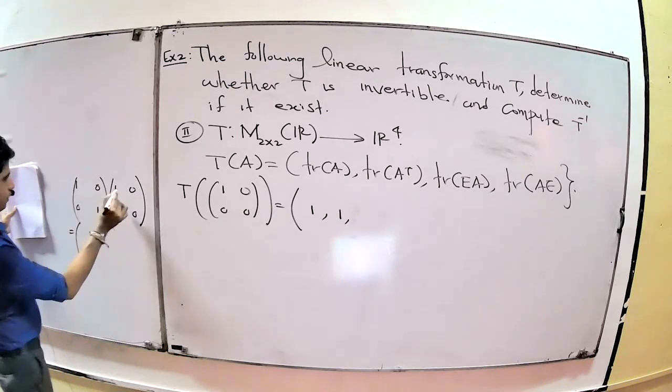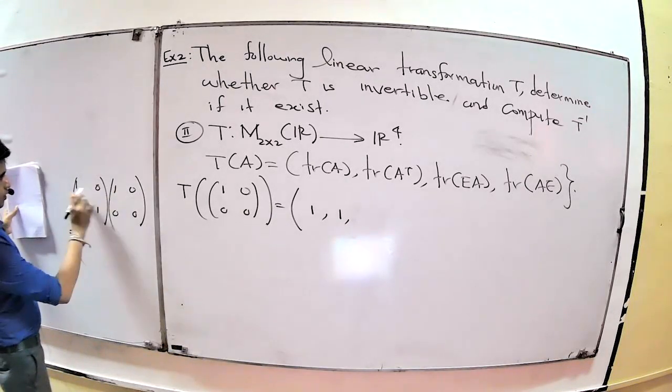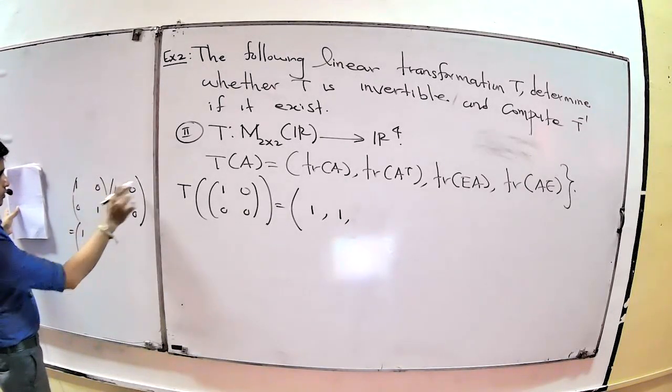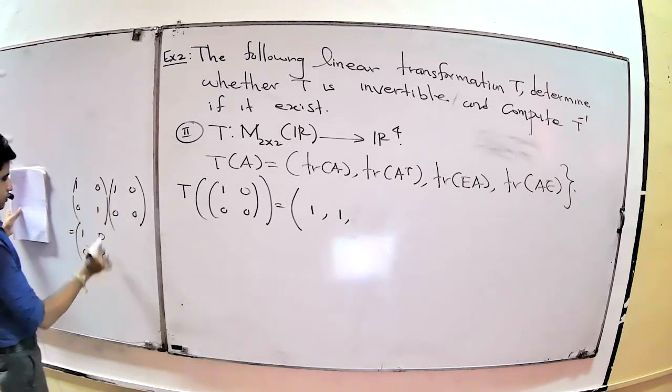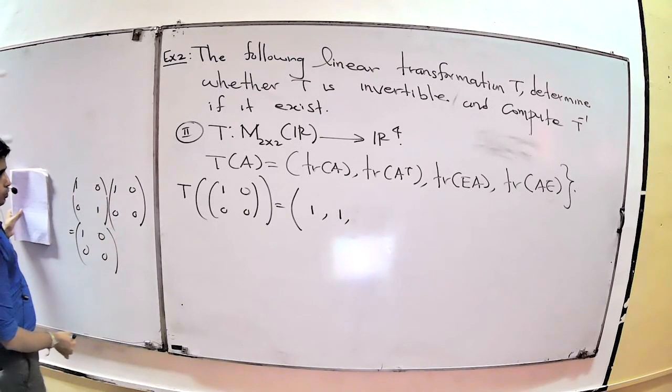What we get? 1 1, 0 0 0 0 0 0. Therefore your trace for the EA is also 1, no?